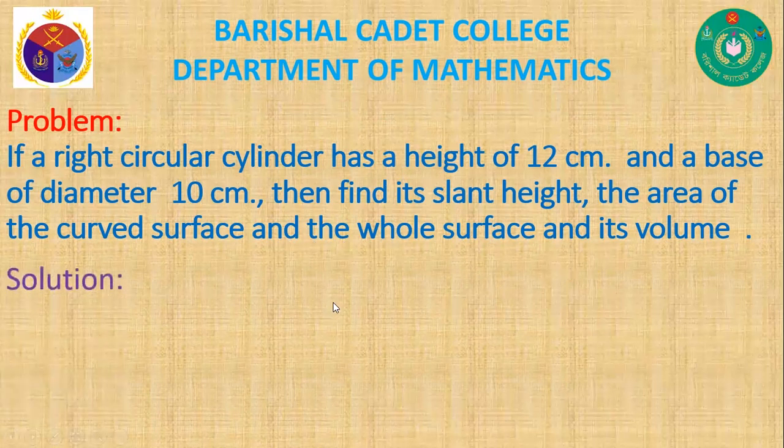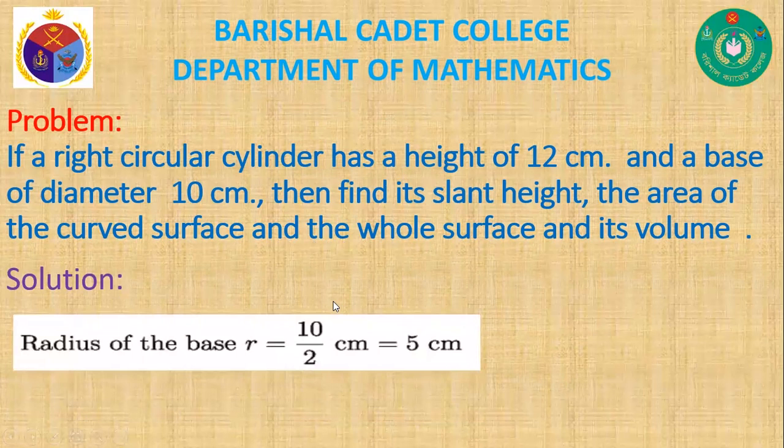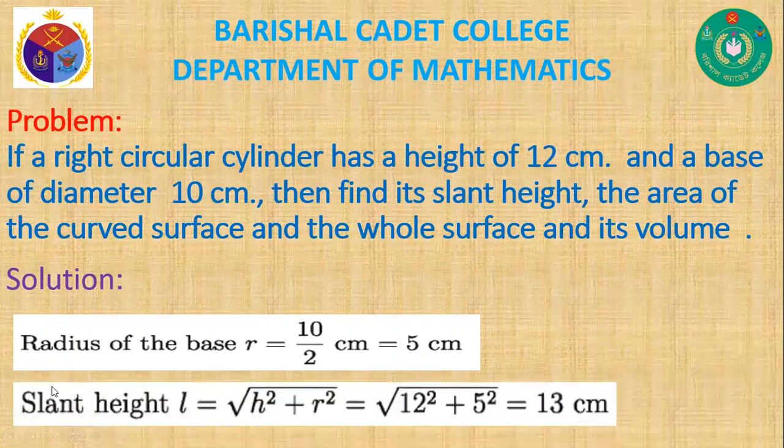So boys, let's start. First of all, we see what the radius of the base is. We are given that the diameter of the base is 10 centimeter. We know radius equals diameter divided by 2. So 10 by 2 is equal to 5 centimeter. What is the slant height?